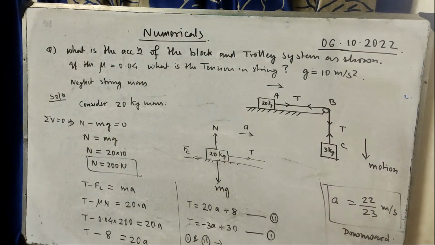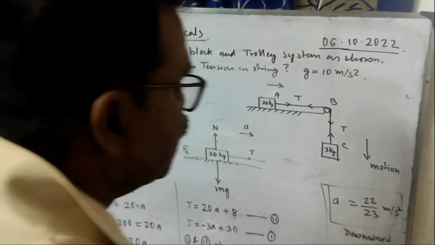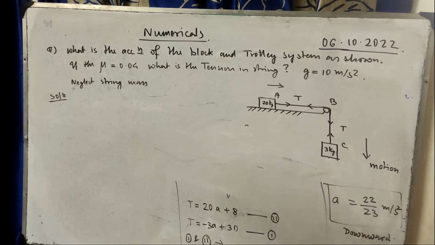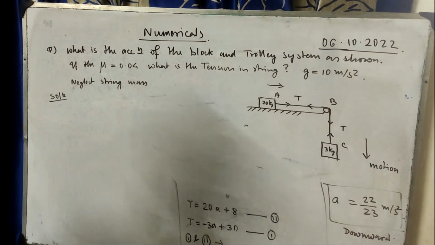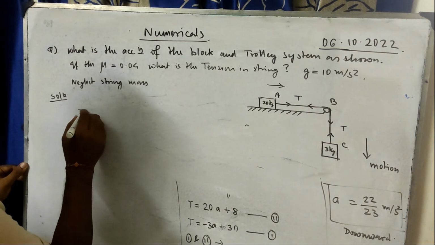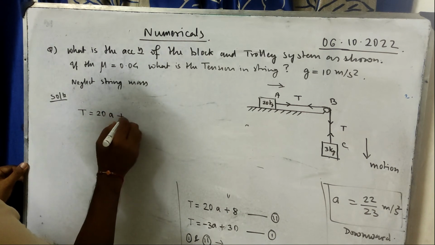Good. Meter per second square. Okay. Now we have to find out what is the tension T. So T is equal to 20A plus 8, right?